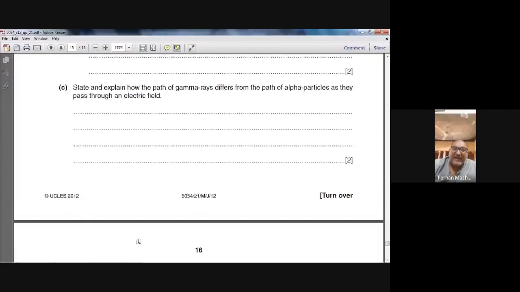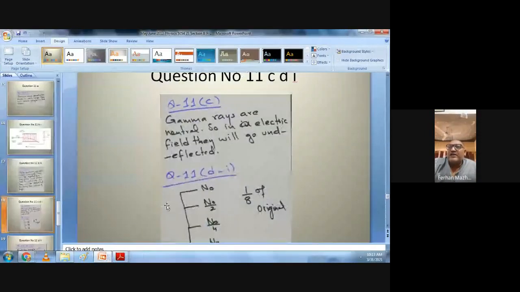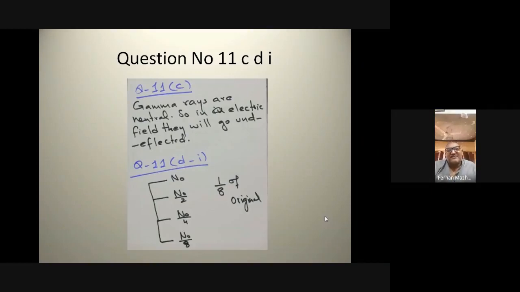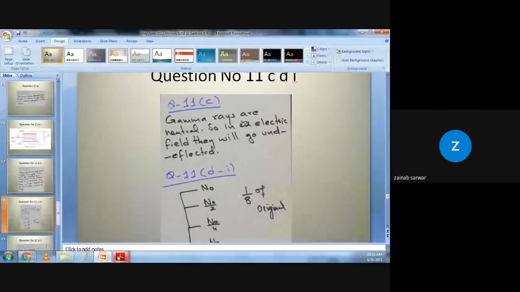Let me show you my answer. On your screen, this answer is showing. It says the gamma rays are neutral. So in an electric field, they will go undeflected. Are you done? Yes, sir.